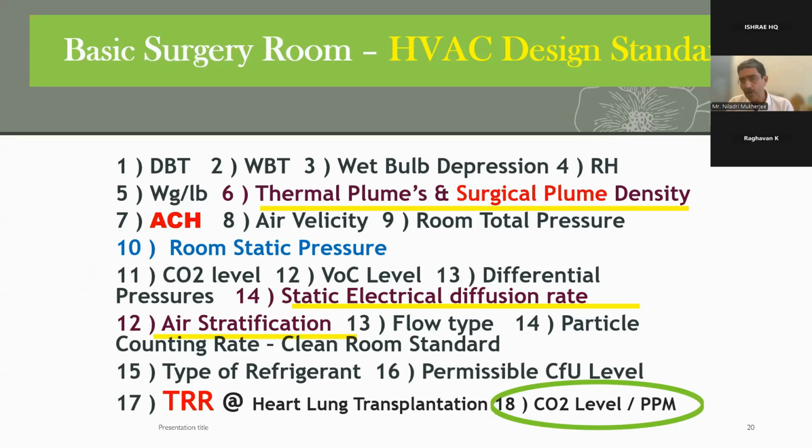And in case of CVT, cardiovascular thoracic surgery, it is even more critical because it takes a lot of time, 12 hours, 14 hours. Then there is the surgical plume, then ACH, air changes per hour, and air velocity. Air velocity is very important. Apart from CFM, we advise calculating the air velocity.